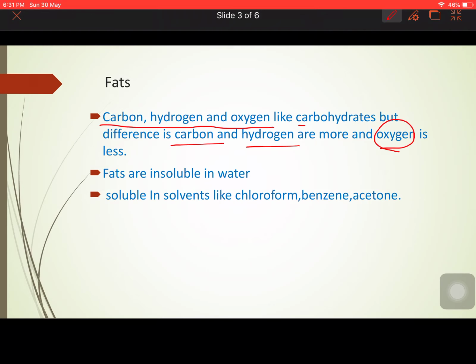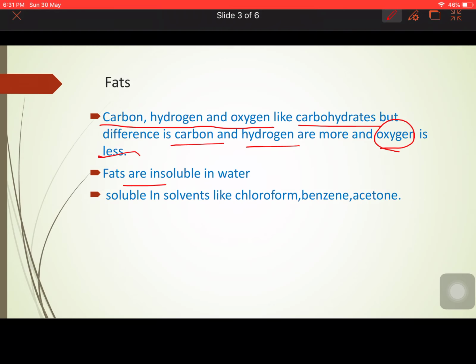But in carbohydrates we have seen that hydrogen and oxygen are always in a ratio of 2:1. So children, you all remember that carbon and hydrogen here will always be more and oxygen will always be less, whereas in carbohydrates, hydrogen and oxygen were always in a ratio of 2:1.